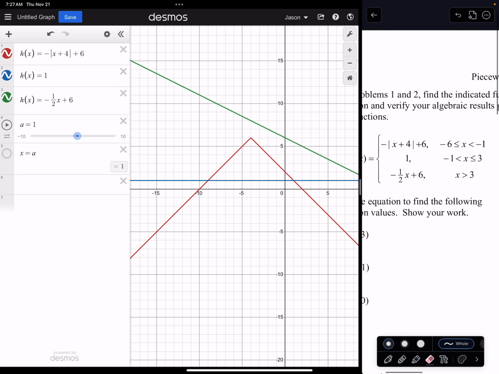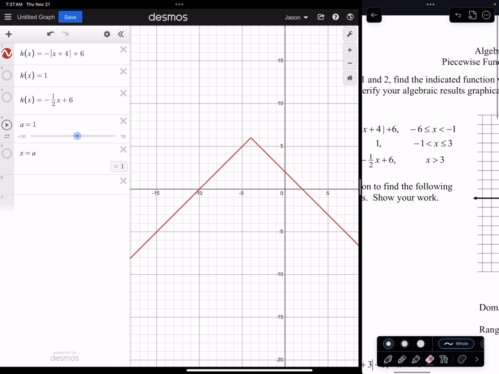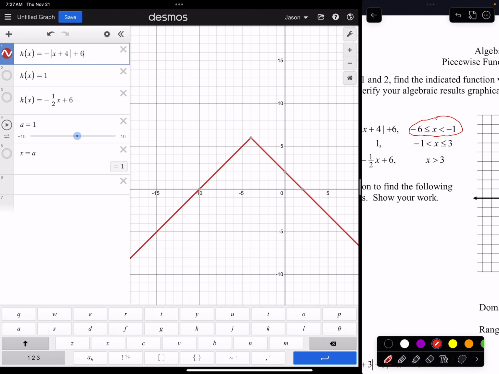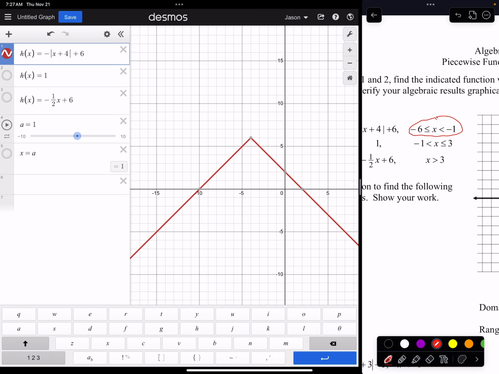So for this first graph, the red one, I'll turn off the other ones. The restrictions say from -6 to -1, so I'm going to put that here in Desmos. So we did some of this, which was the point of playing marble slides. I think it was the fancy brackets we had to do.